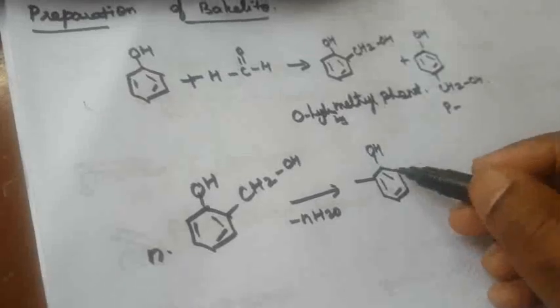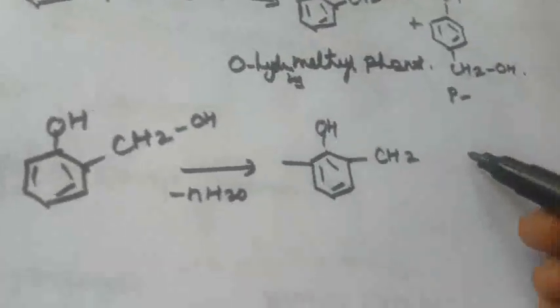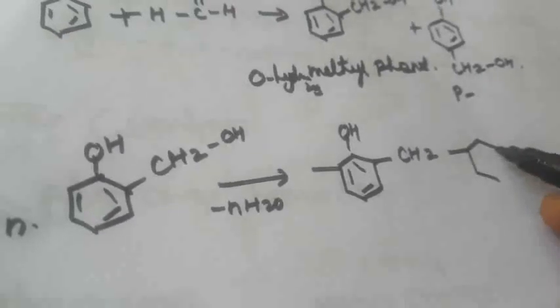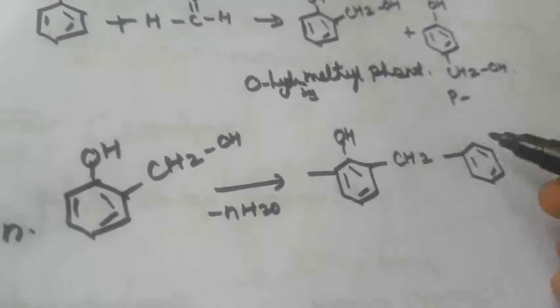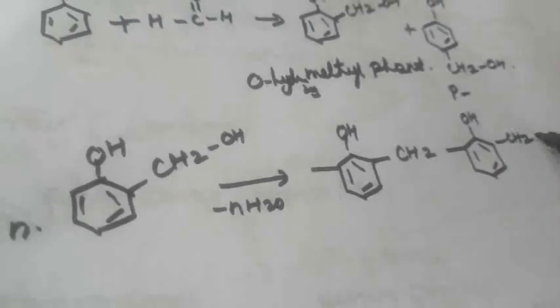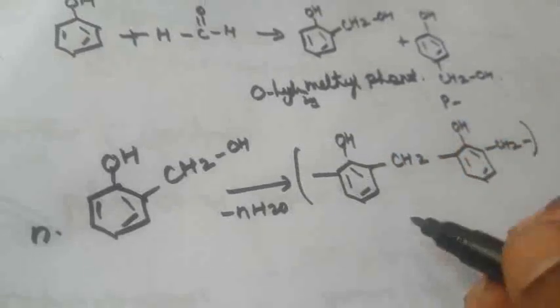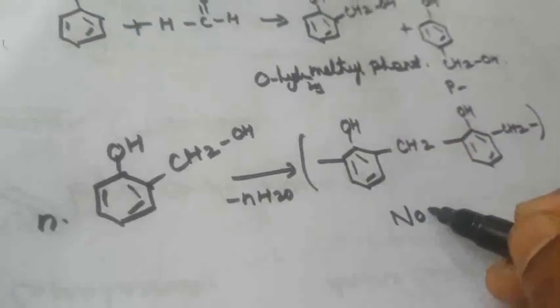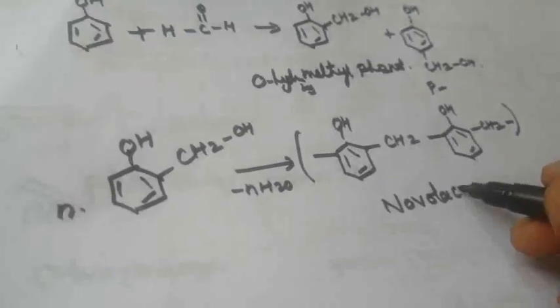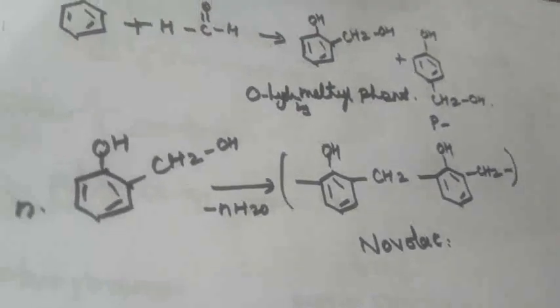Here OH, then CH2, then again another benzene ring with OH, then CH2. So this is the n type. What is this compound's name? This is called Novolac. It is also used in paints.